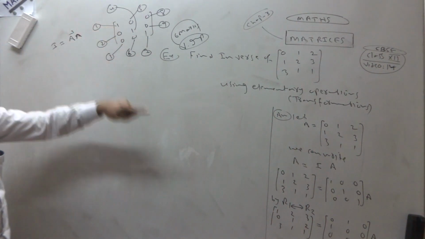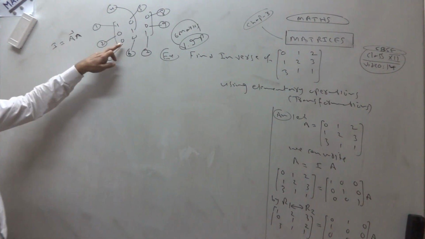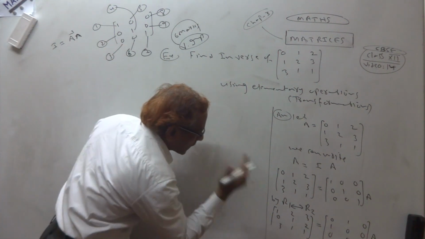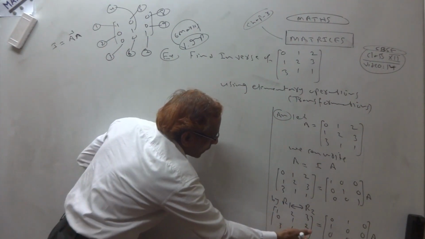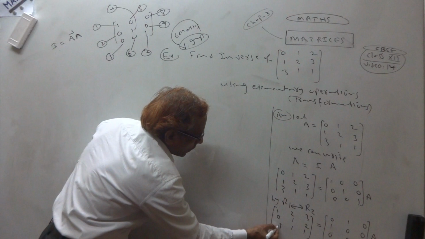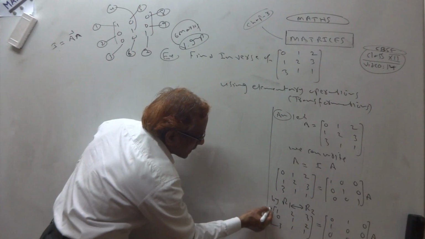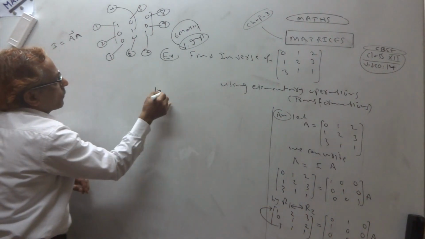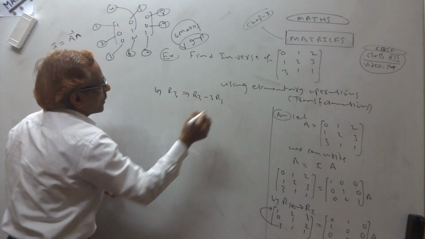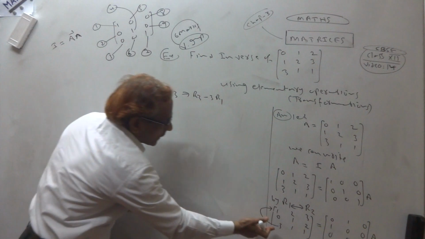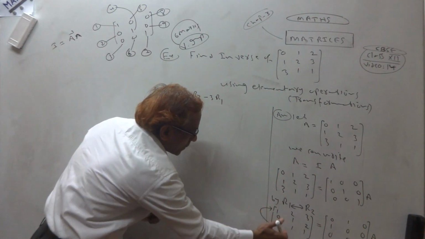After that, see, I got 1. Then I got 0, already 0 is there. Now you should get 0 here, third step. How do you get 0 here? You have to change R3, row 3. Row 3 gives row 3 minus 3 times R1, because 3 minus 3 ones are 3, it becomes 0.